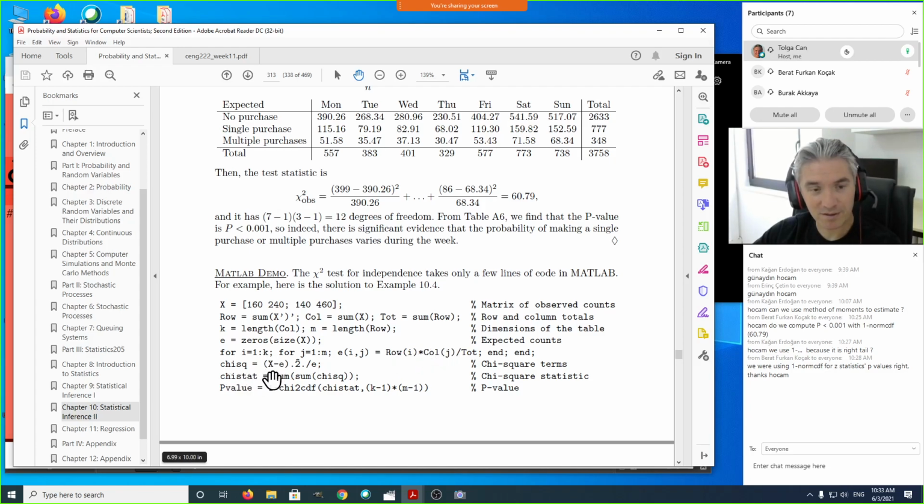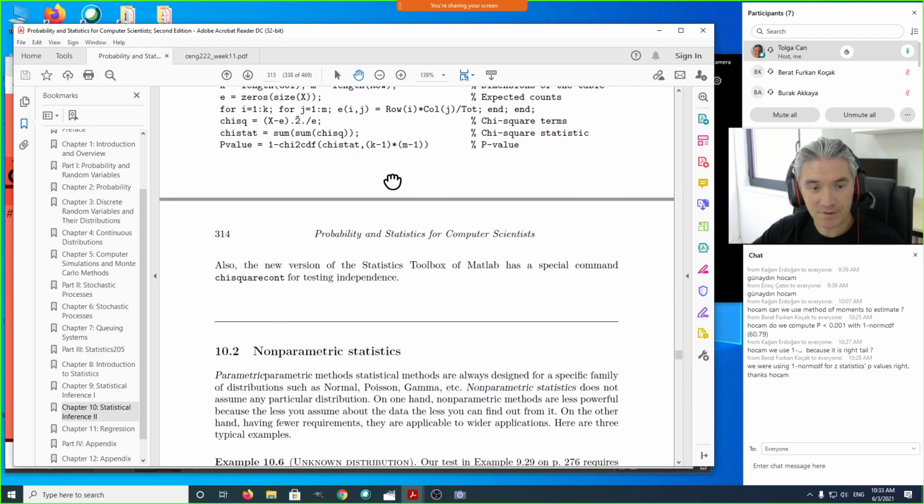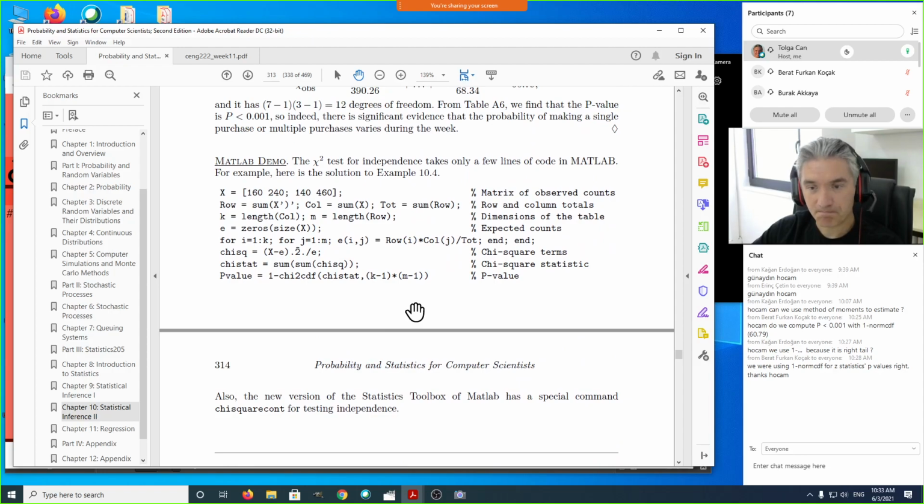The chi-square statistic then becomes the summation of these differences, and we compute the p-value like this. This is just a small code snippet that you can use, and you can also write C code to do that. You don't need to use MATLAB. It's really simple.